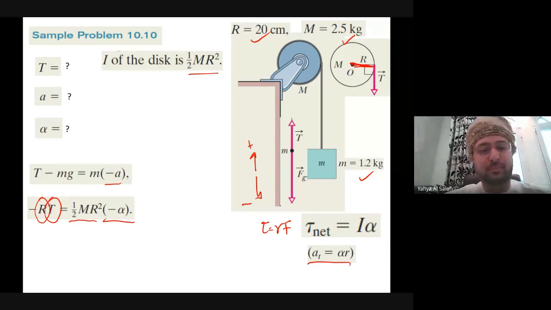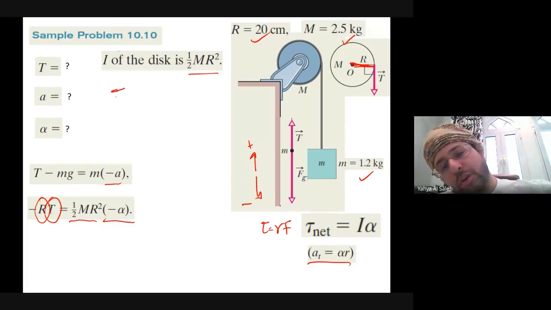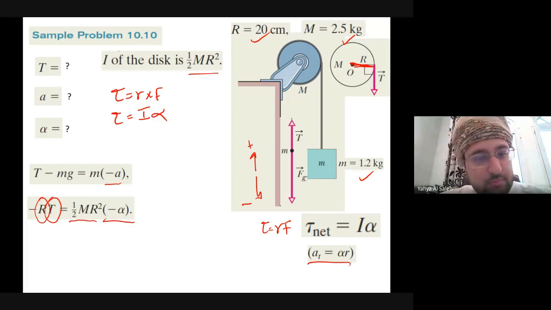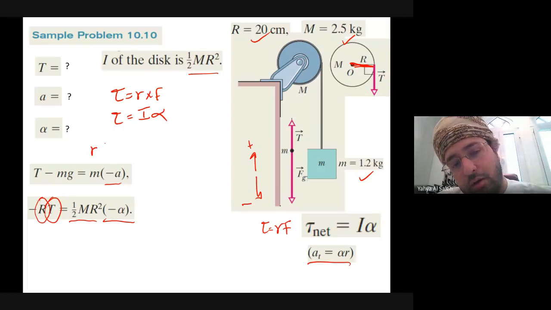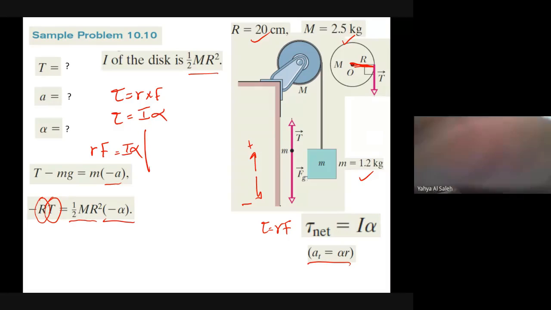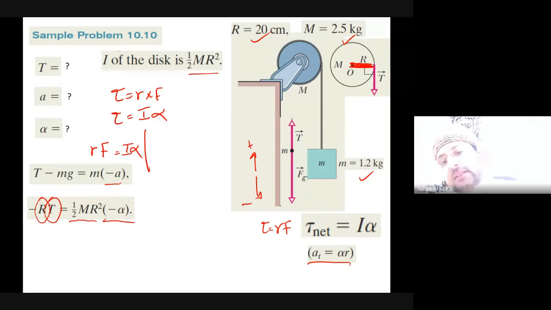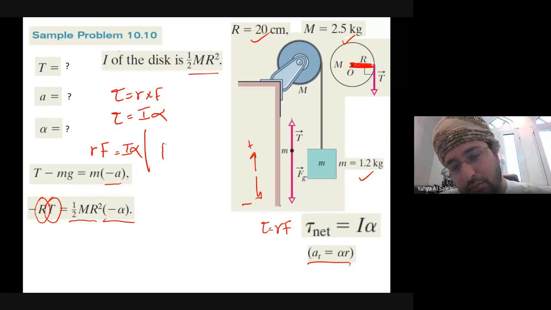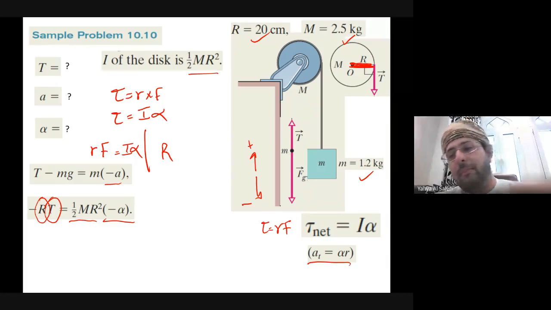Well, we know torque equals R cross F. We know torque equals I alpha. So RF equals I alpha. My moment arm is the radius, so R. My force is the tension going downwards, so minus tension.